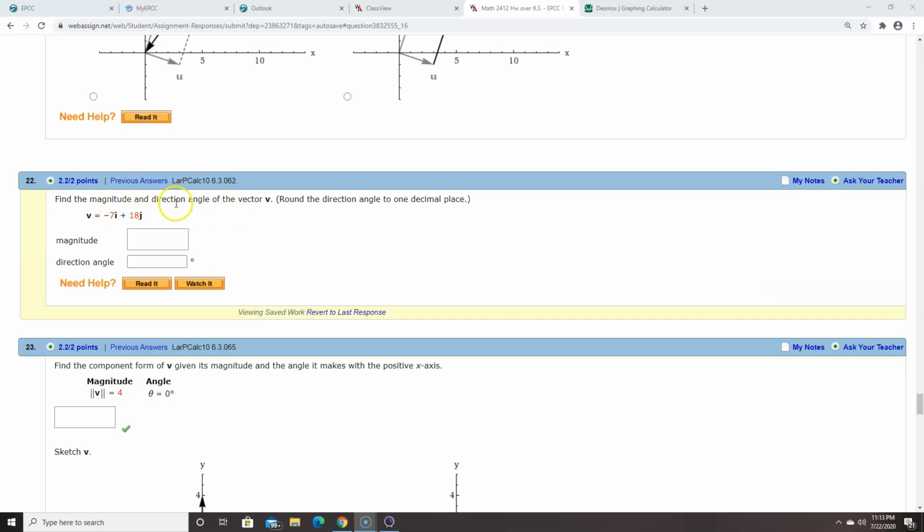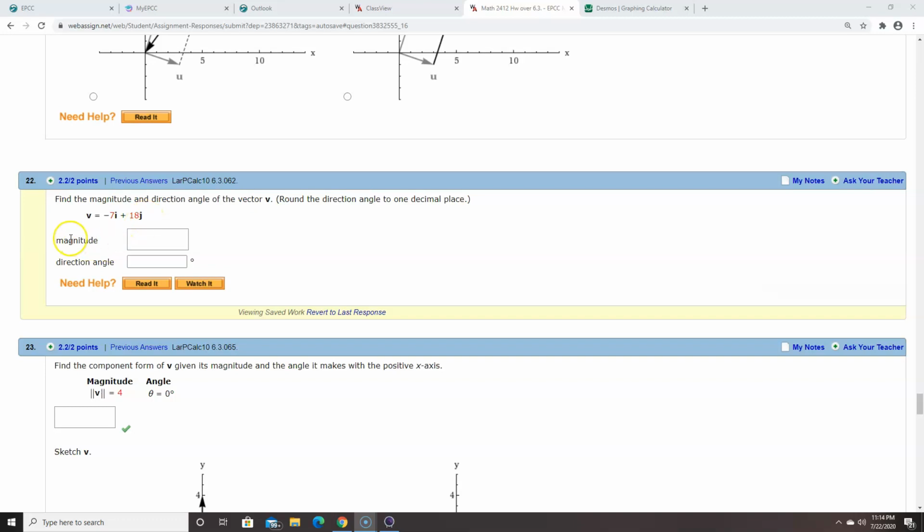That's the linear combination form of a vector that's in standard position, which means the initial point is at the origin, and then you move 7 horizontal unit vectors, or i vectors, to the left, and then 18 vertical unit vectors, which are called j vectors, upward, and that'll give you the terminal point or the tail of the vector.